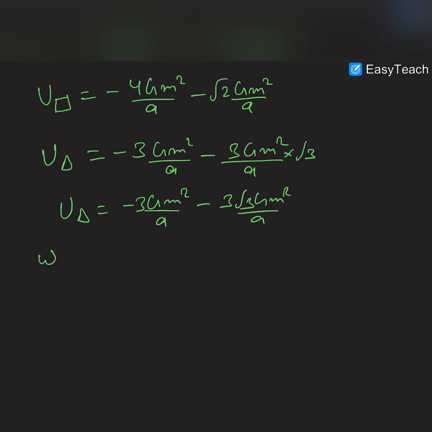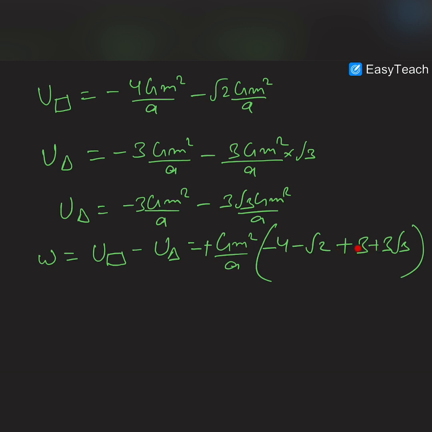Now we know that the work done would be equal to U of square minus U of triangle. So this work done would be equal to, taking out common, Gm square by a, in fact let us take out the plus Gm square by a. So U of square would be minus 4 minus root 2, and U of triangle would be plus 3 plus 3 root 3.